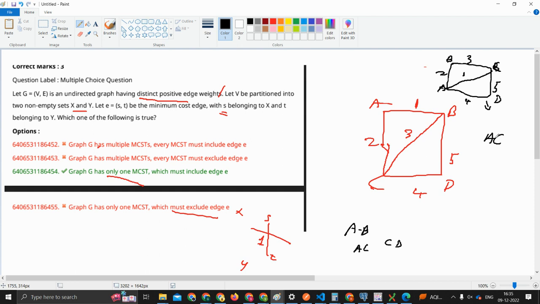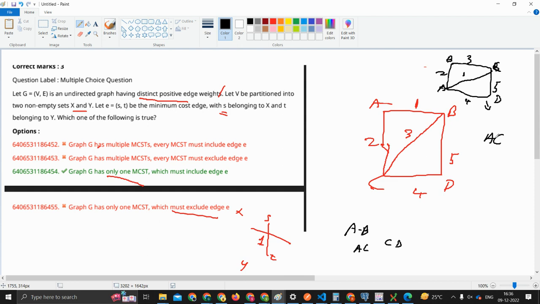So first, it has to be the absolute minimum, and second, even though it is part of a cycle, it will necessarily be included in the MCST. That's the Kruskal algorithm case: start with the minimum edge. Whether it is part of a cycle or not, we are not taking that into account.